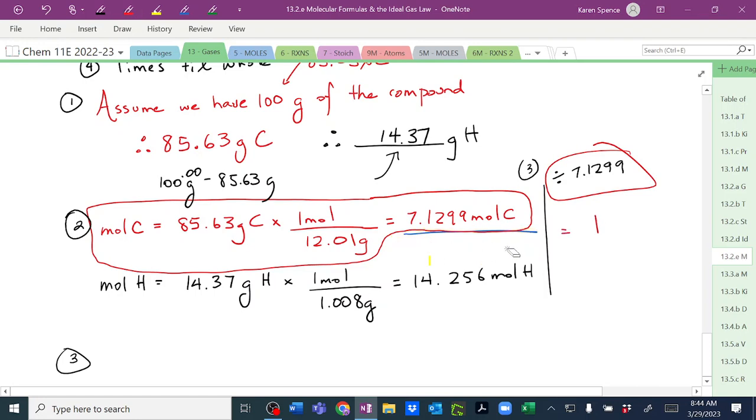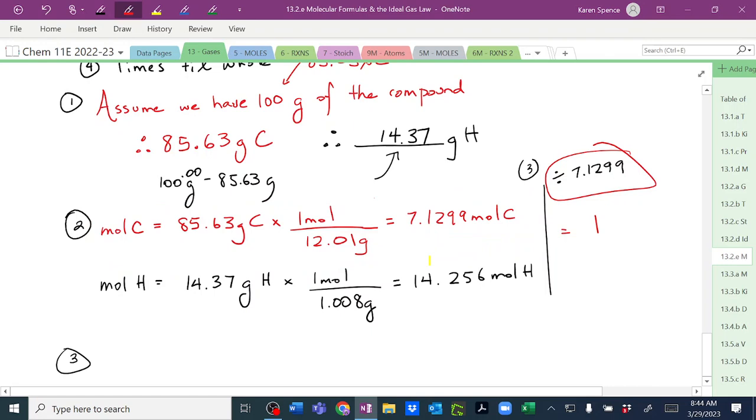So I would get rid of that because I don't actually want that. Then I would divide the other one by 7.1299, and we get 1.999, which is approximately equal to 2.